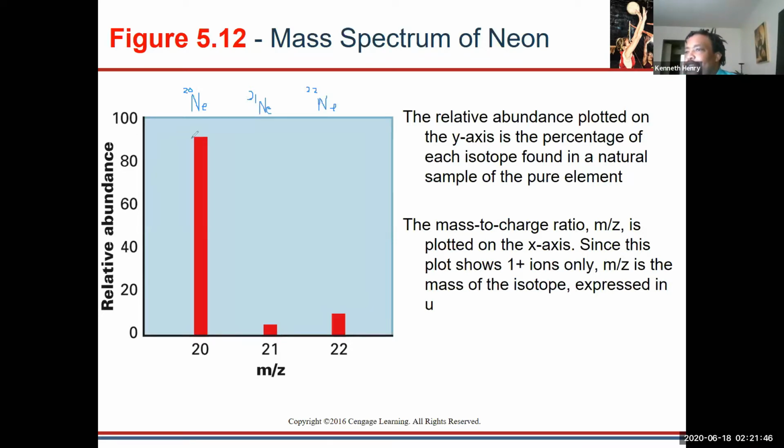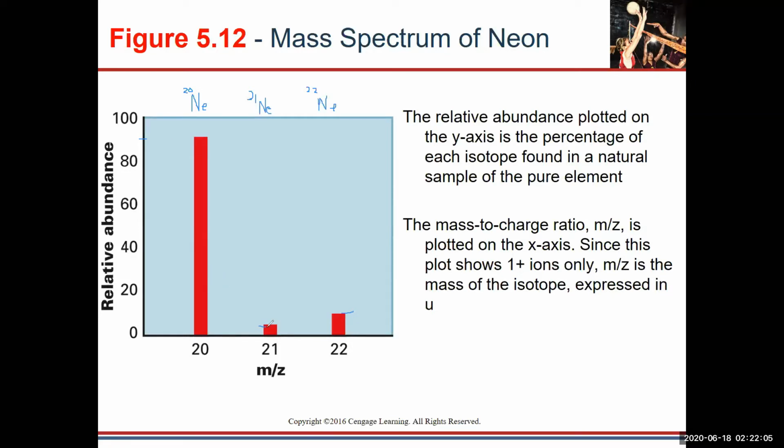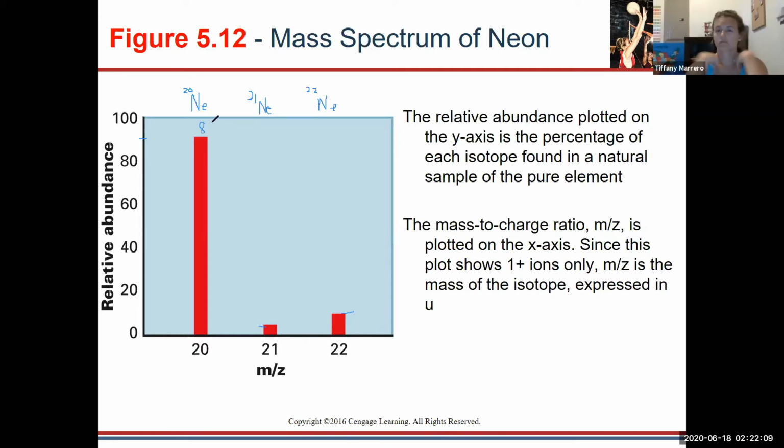So here, neon 20 is roughly like 90 something, where neon 21 is down to like maybe 5, and then neon 22 is about 10. So that's like percentage. So we'll say 85, 5, and 10, and that adds up to about 100, right? And so that's like percentage.